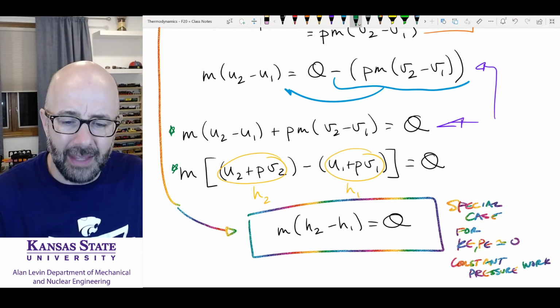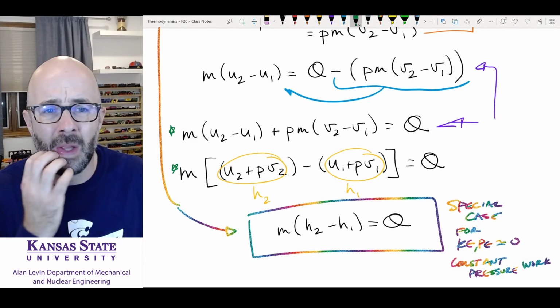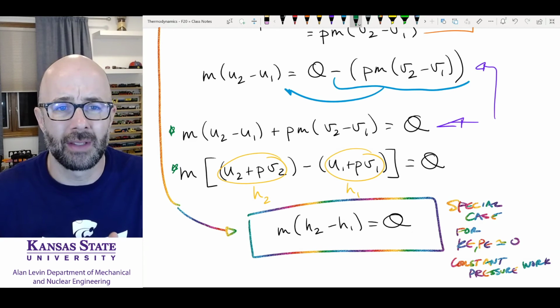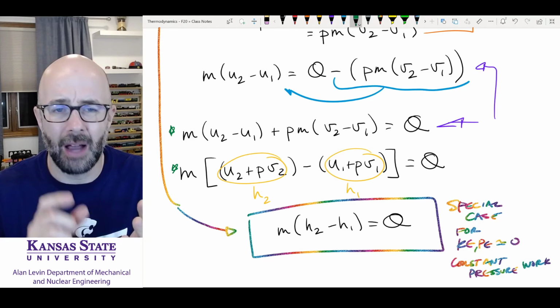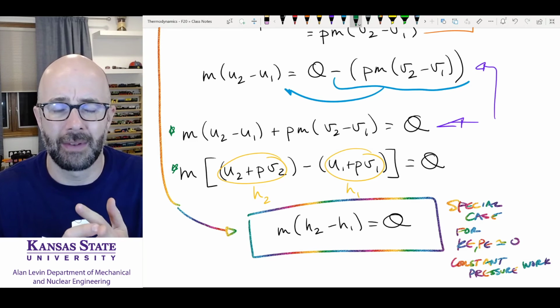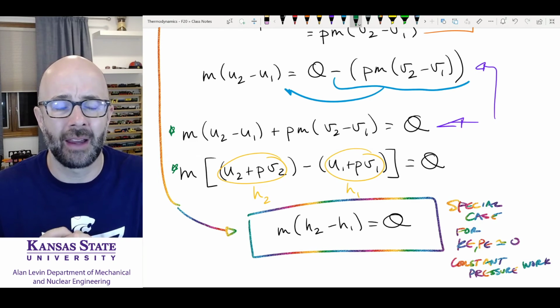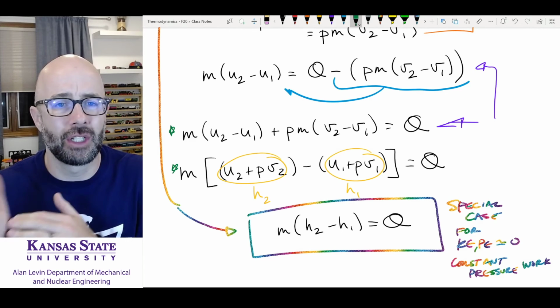Let's talk about enthalpy. We talked about how quality works the same as it would with enthalpy, internal energy, and specific volume. The X value that you calculate, you don't have to find a new X for internal energy and enthalpy.